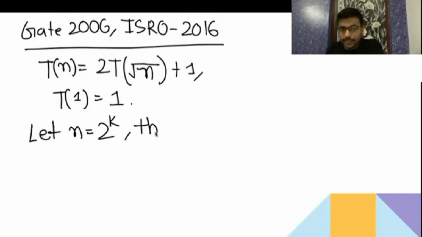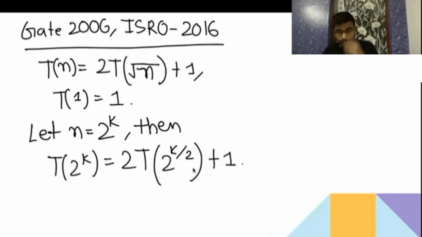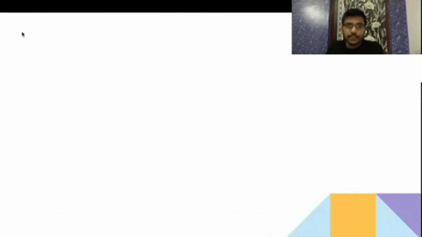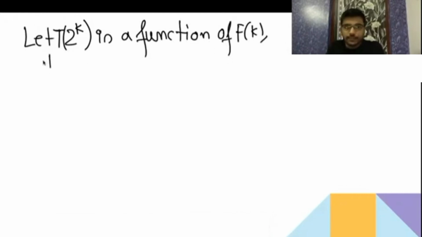So this is the equation: T(2 to the power k) is going to be T of n to the power half, that is 2 to the power k by 2, plus 1. Now let T(2 to the power k) be a function F(k).